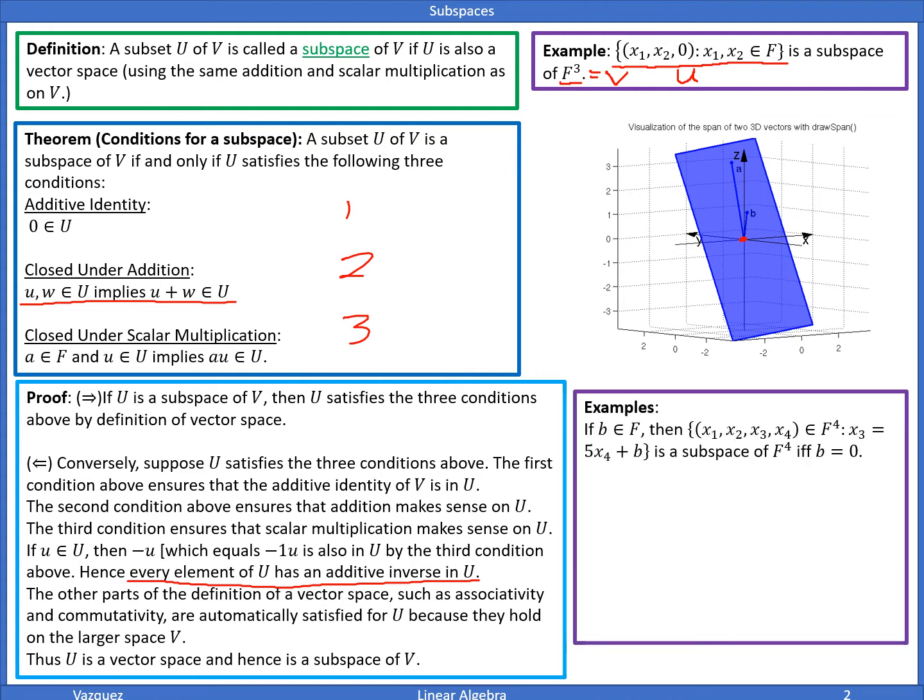Examples of subspaces. If b is in F, this is our U here. Actually, I'm going to erase it so we can see a bit better.